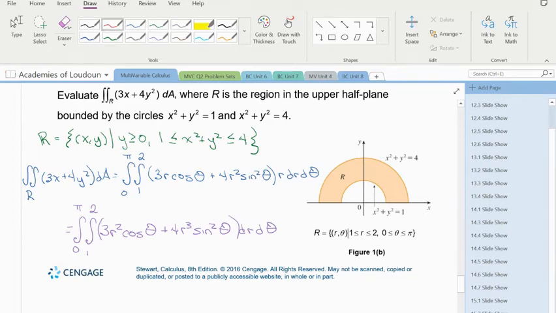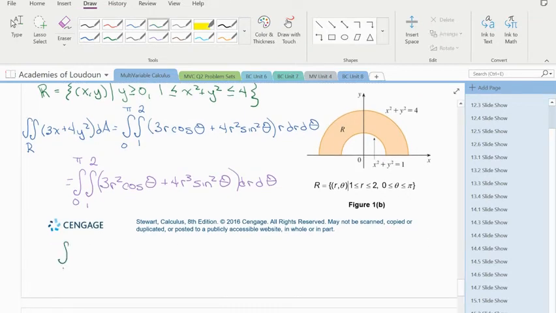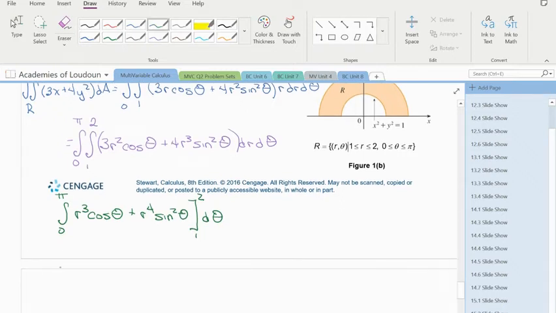Okay, so we first need to integrate with respect to r. We have the integral from 0 to pi. This becomes r cubed cosine theta plus r to the 4th sine squared theta, where r ranges from 1 to 2, d theta. Continuing, we have 0 to pi.